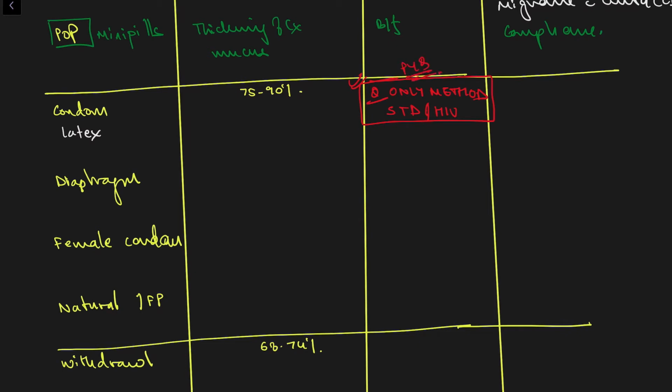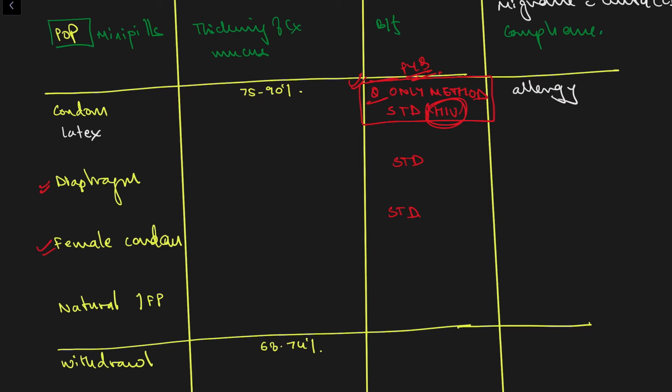Okay, that condom can prevent STD and HIV, and no other method, even female condom and diaphragm. They protect against some STDs, but not all, and especially HIV. Only condom is protective against it. Right. The disadvantage is that there can be allergy to latex.